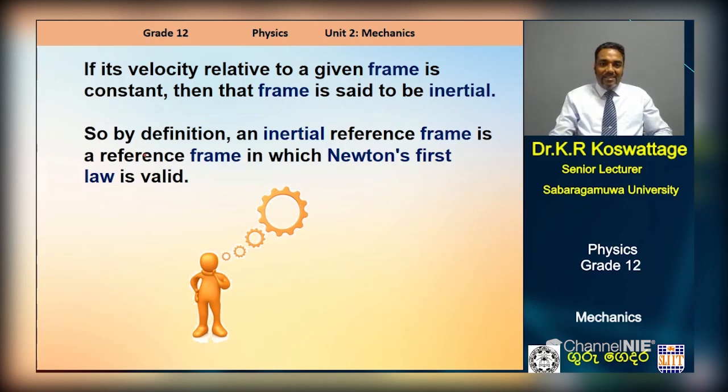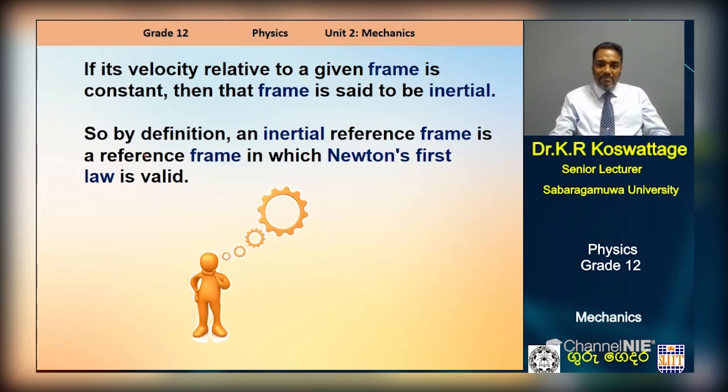You know that if the velocity relative to a given frame is constant, then that frame is said to be inertial. So this is what we have learned. Relative to a given frame, the velocity is constant. If the Shinkansen is moving with a constant velocity, we can say that frame is an inertial frame.